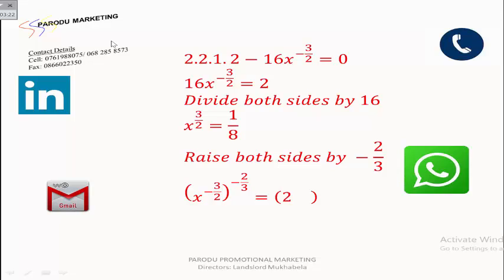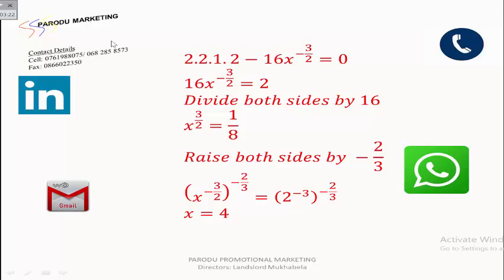So 2 to the power of negative 3, and you have your negative 2 over 3 as well. So those 3's will cancel. Negative times negative is positive. You therefore have your 2 to the power of 2, which is x equals 4.